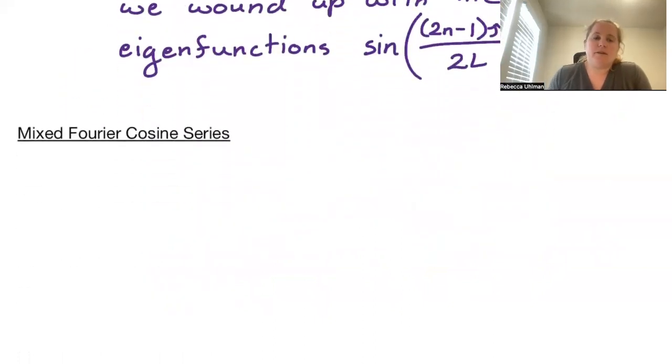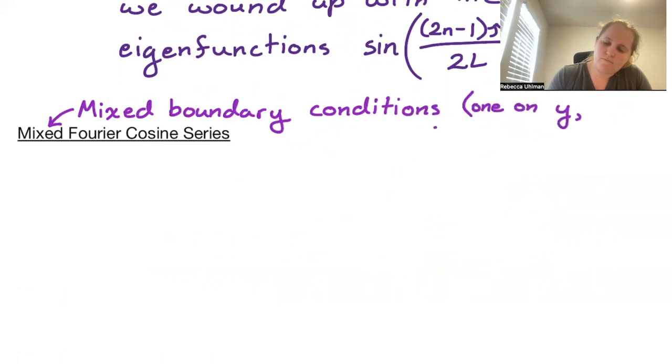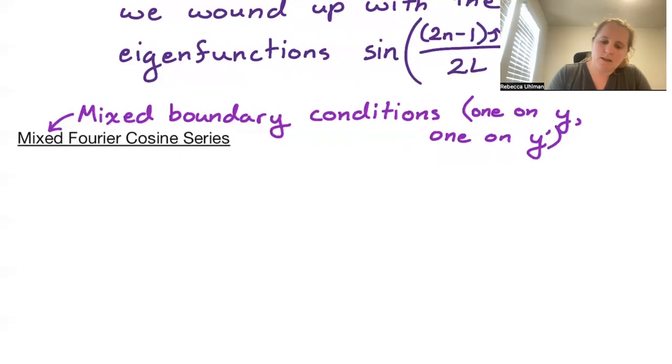So the mixed Fourier cosine series, we refer to it as mixed because the boundary conditions are mixed. One is on y and one is on y prime. So we have our mixed Fourier cosine series, which uses these cosine terms.